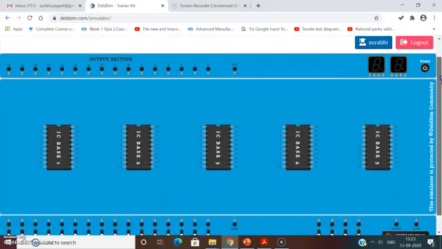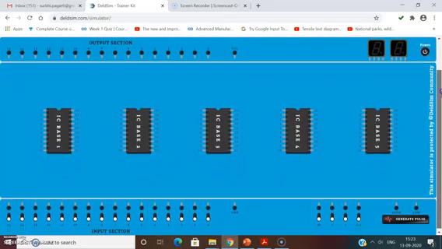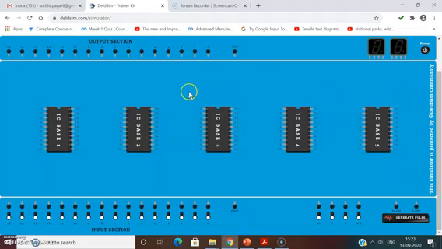Now see, doesn't this look like the IC trainer kit which we have seen earlier? On that trainer kit also we have these IC bases. Here also we have the IC bases.